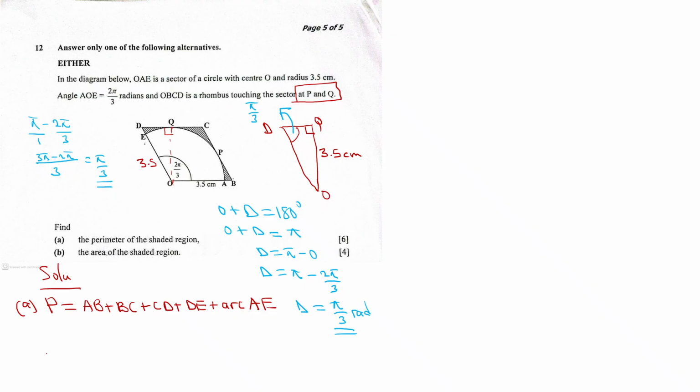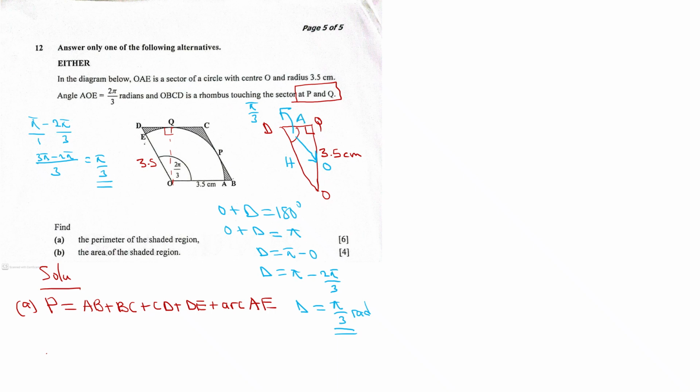Because we know this angle, we can calculate the length OD. Because this is a right angle triangle, OD is the hypotenuse. Since OD is the hypotenuse, and we have this angle, this side here will be the opposite and this side becomes the adjacent.